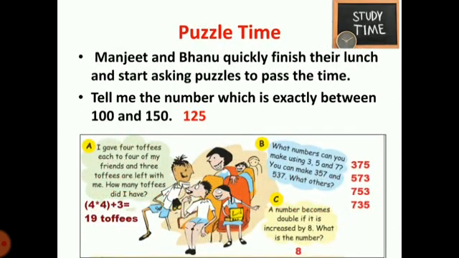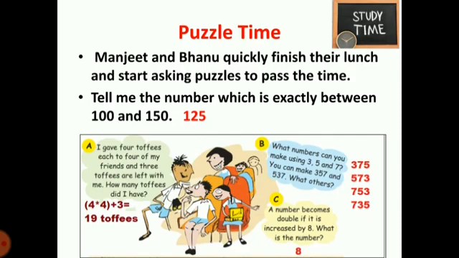After finishing their lunch, students started asking puzzles to pass their time. We'll see what are the puzzles the children discussed. So one child asked, tell me the number which is exactly between 100 and 150. What is the number? It is 125. Next, one child asked, I gave 4 toffees each to 4 of my friends and 3 toffees are left with me.